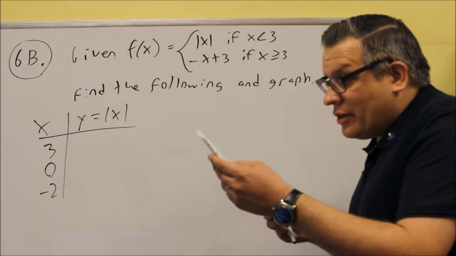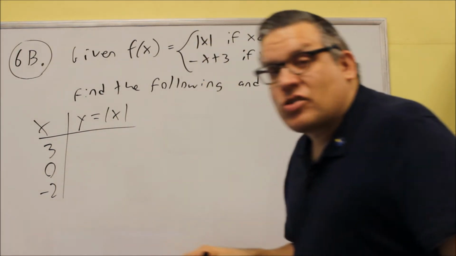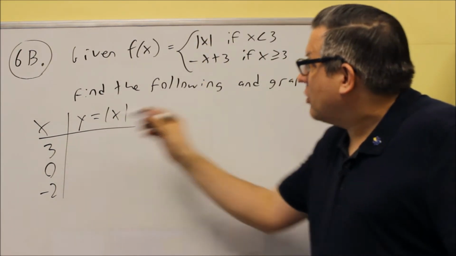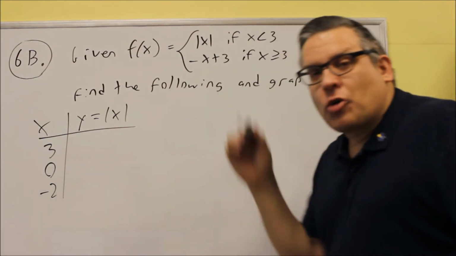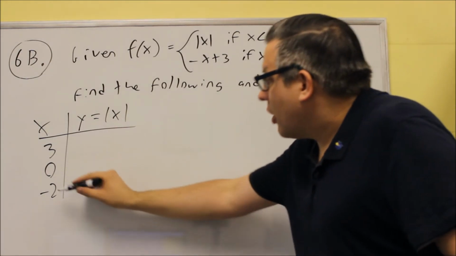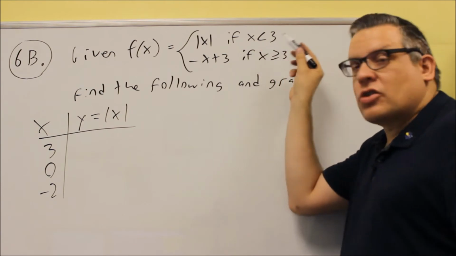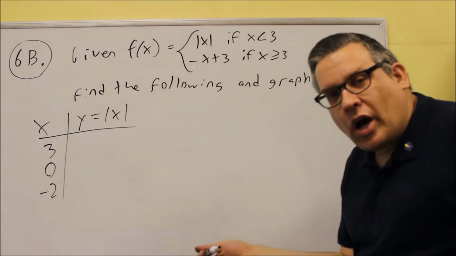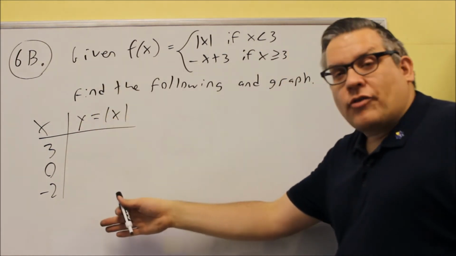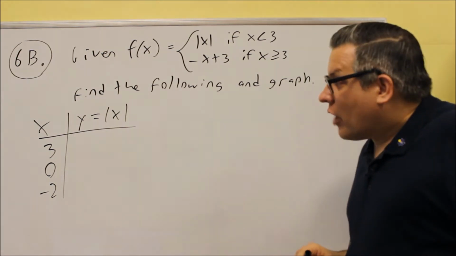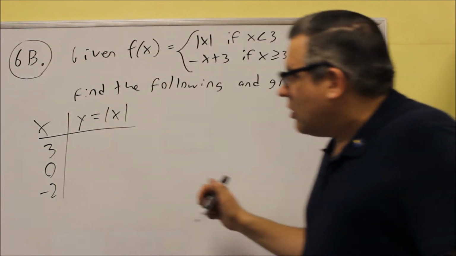So again, I didn't show tables on the answer key, but this is kind of how you can do it. So I picked the conditional statement one, 0 because it's easy, and then I picked another one that's less than 3. As long as you pick numbers that are less than 3, you can use any number that you want. But I want to do a variety of these, so that way I can get the shape of the graph correct. So start with that.